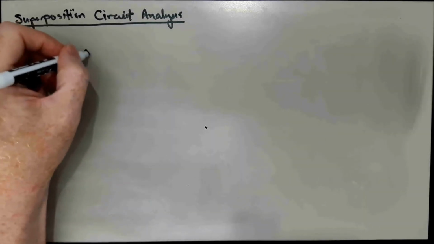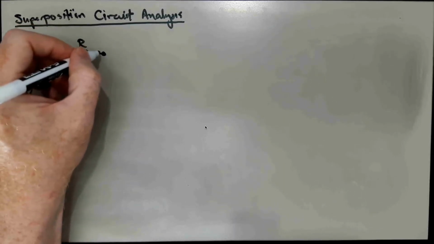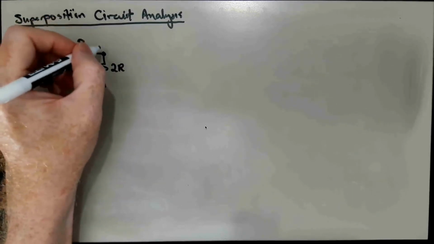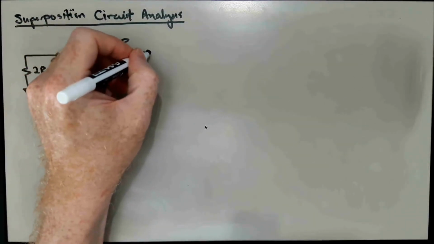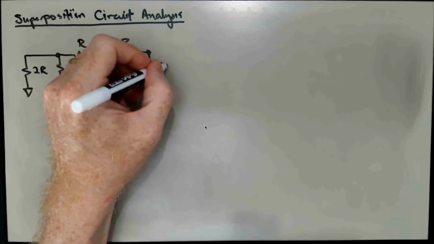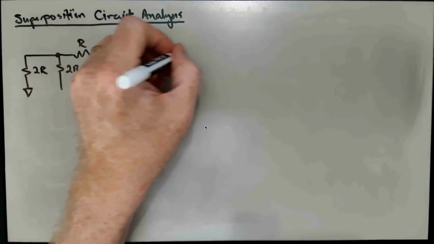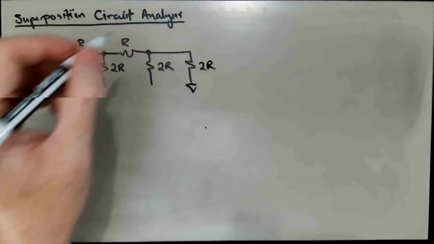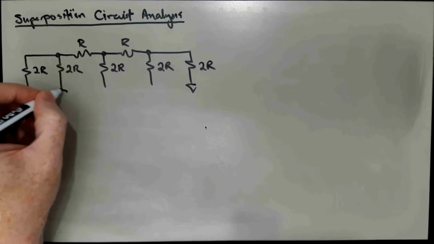We have an R, a 2R, an R, a 2R, and another 2R here to ground. And we have 3 input voltage sources here.